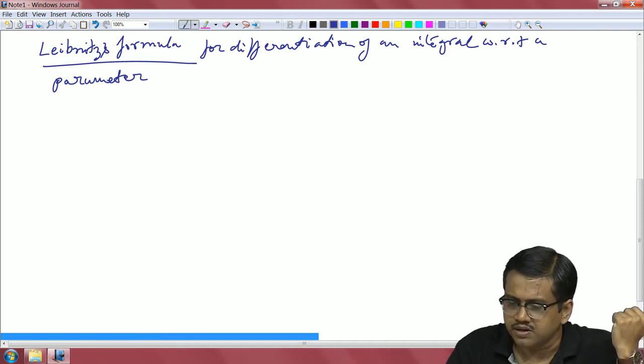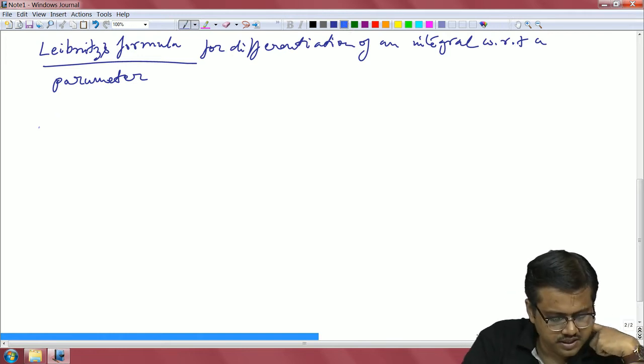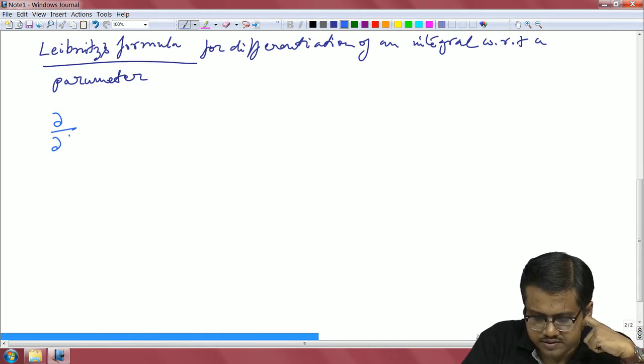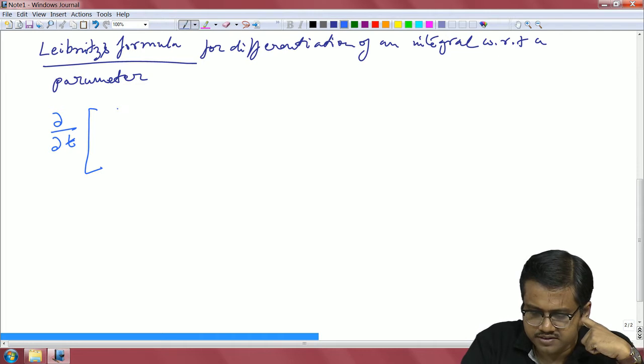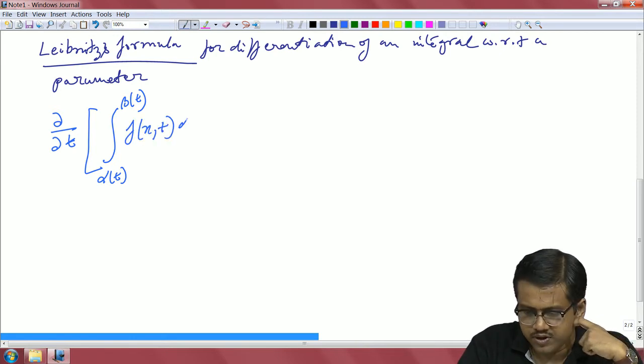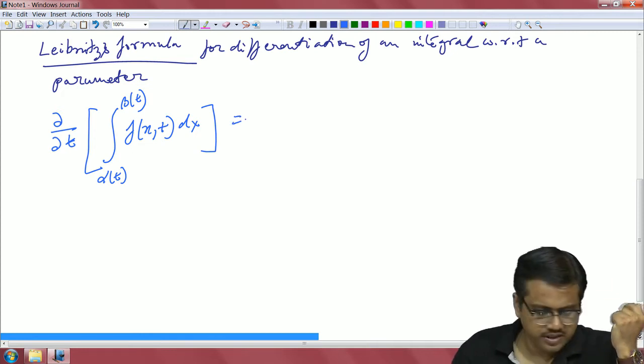Let us take this particular form, and this will come in very handy. This is the generalized form. So, pay attention to the details. That is the form.